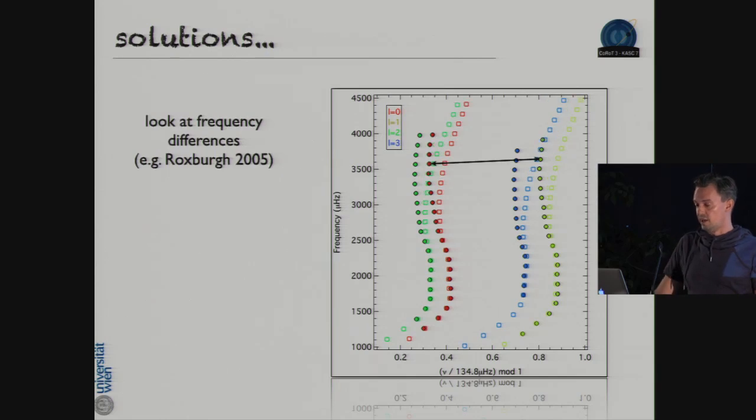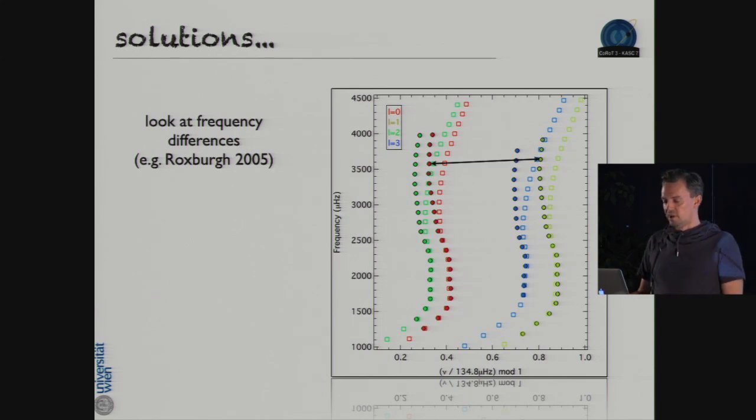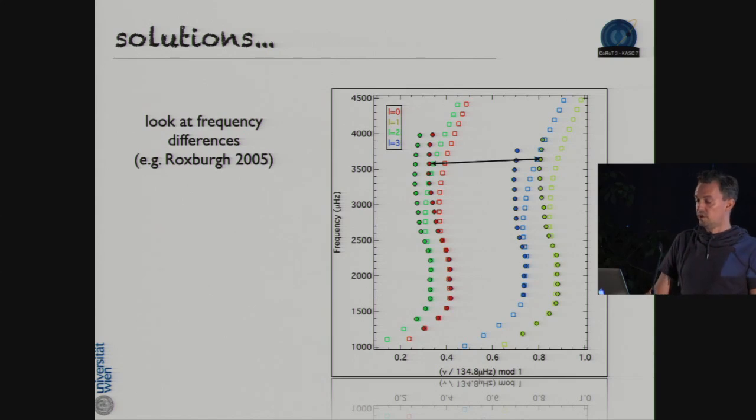So another clever idea was to look at frequency differences instead of the absolute frequencies, because the differences are not affected by the surface effect. However, whatever frequency combination or frequency difference you define, you will always lose some initial information. So the best way is still to use the absolute frequencies themselves.